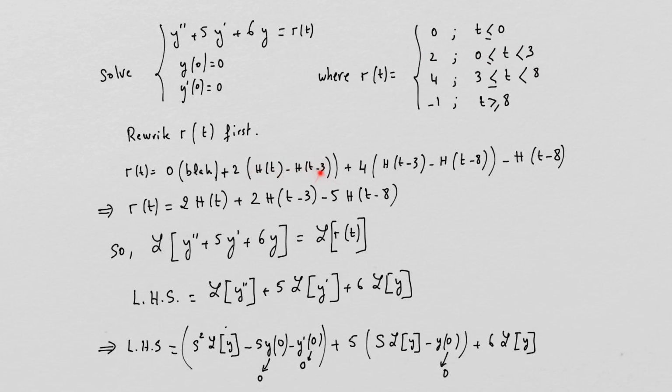That's what I wrote here. There is a 0 here, t minus 0, okay? The third piece is h of t minus 3 minus h of quantity t minus 8, the whole thing times 4, okay? And then the last one is just h of t minus 8 times negative 1.